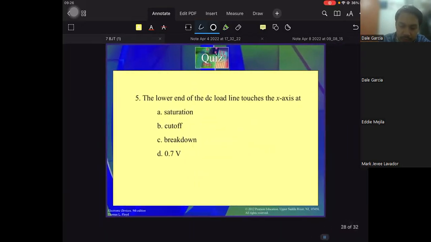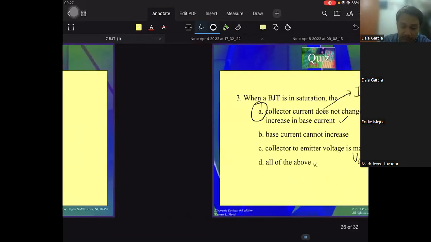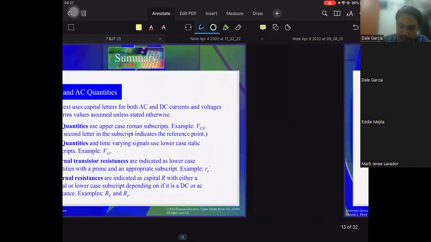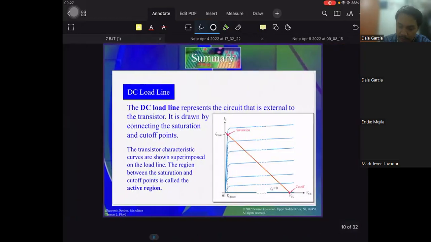The lower end of the DC load line touches the x-axis at cutoff. Yes, cutoff. Let me check. The x-axis, that's what we discussed last time.